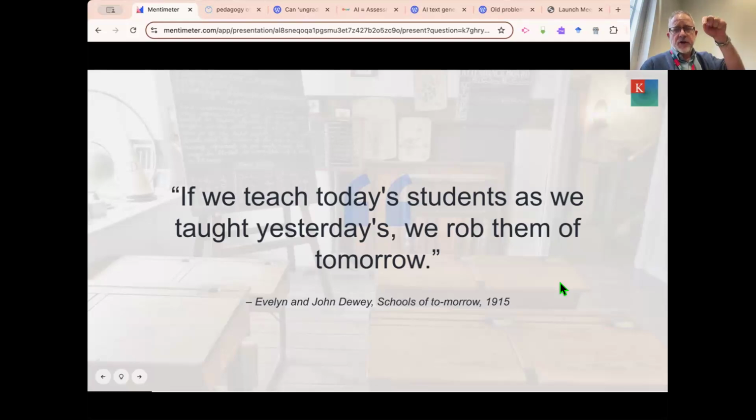Effectively, today's students, not 1915 students, but 2025 students, are being taught not like yesterday, but the day before yesterday and the day before that, all the way back reaching into the 19th century.